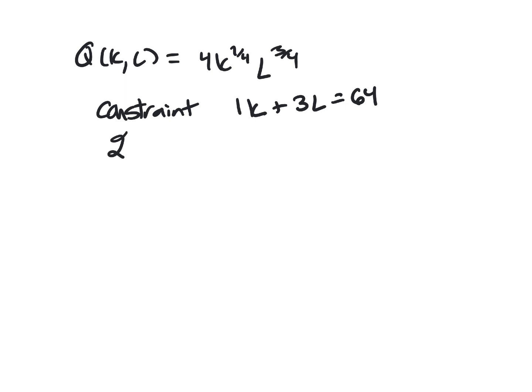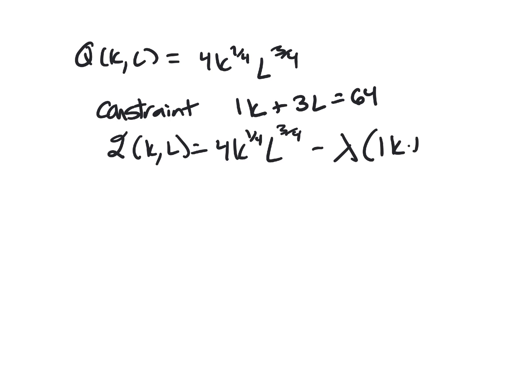So we're going to do the Lagrange equation. So it's going to be the original equation minus lambda times the constraint, at least the variable relationship here. The 64 comes into play later, as we've seen.